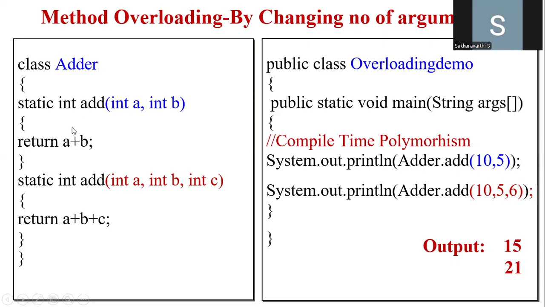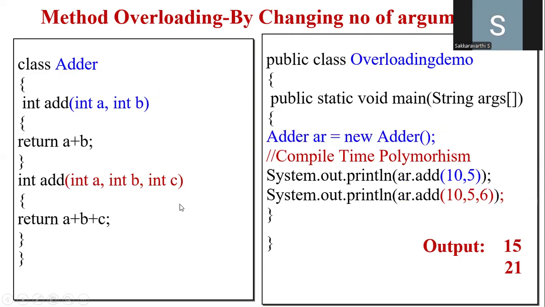So the definition is: method overloading means a class may have more than one method with the same name but with different parameter types or differing in their number of arguments. So the output is 15, 21, right? 10 plus 5, that is 15, and 10 plus 5 plus 6, that is 21.